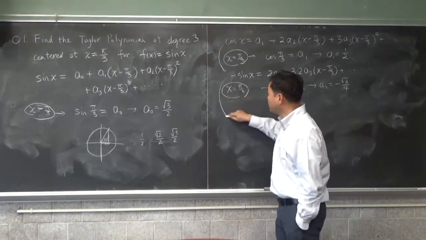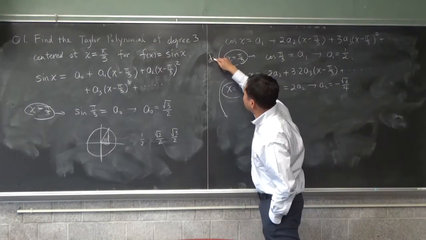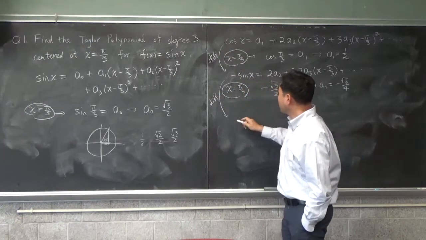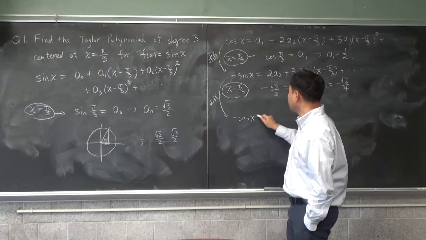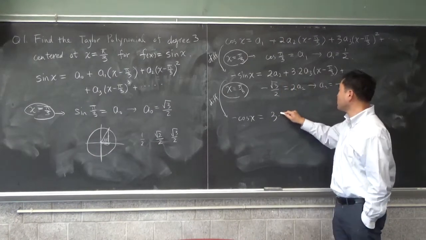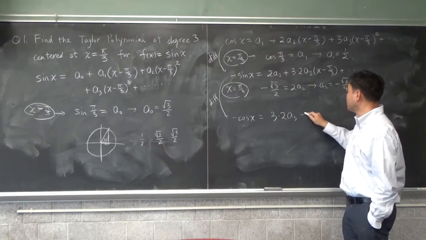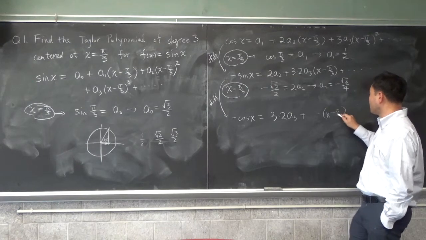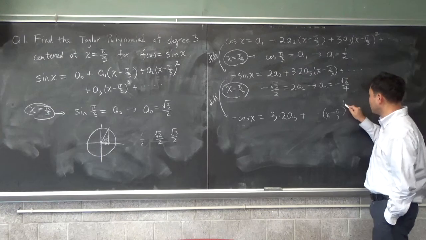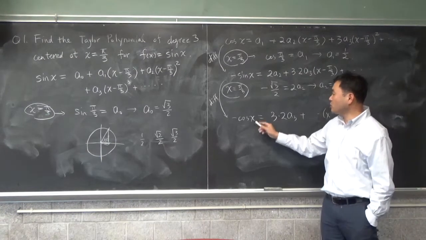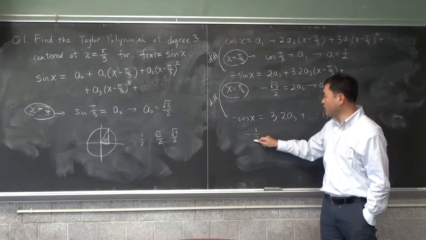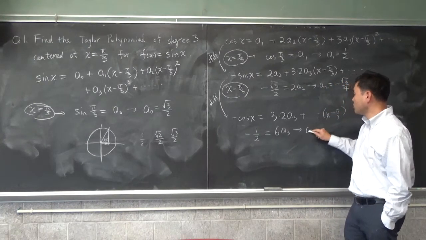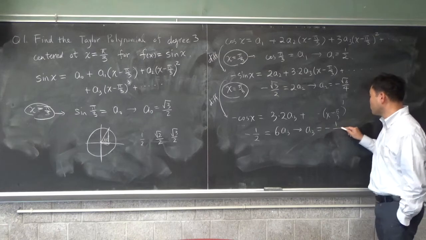Differentiate again, you get negative cosine of x equal to 3 times 2 times a3, plus other terms that all have x minus pi over 3 to some power. When you plug in pi over 3, you get negative 1/2 equals 6a3, which gives a3 equals negative 1 over 12.